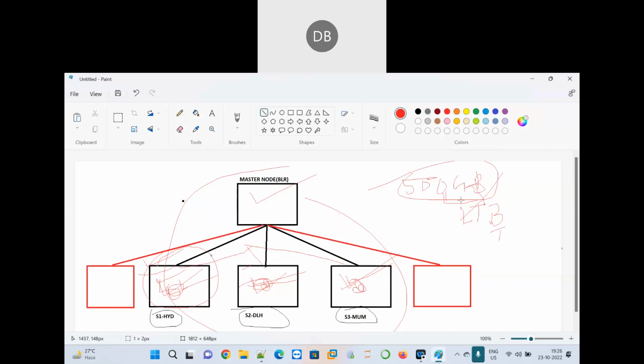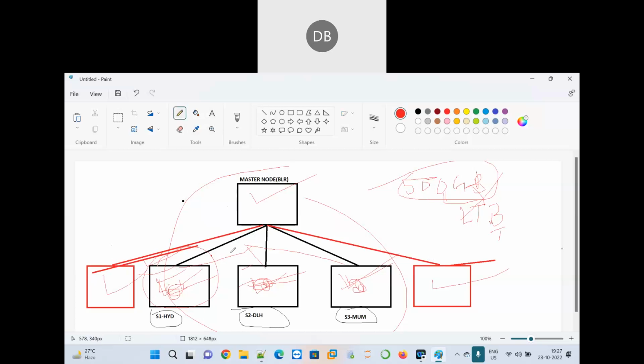That means I can store a huge amount of data not only in a single machine but in multiple machines. As and when the data size increases, I can extend with another node and store the data as well, right?